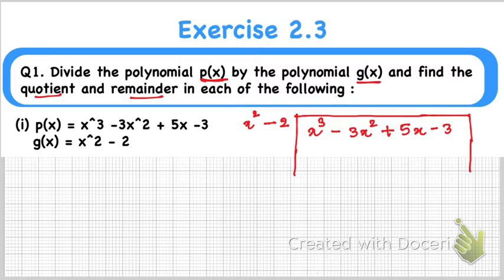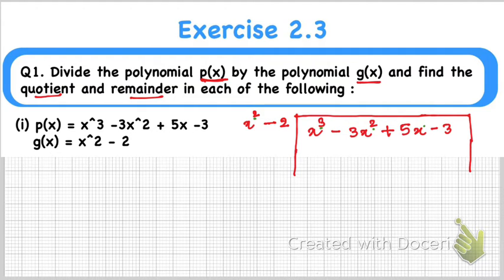Here it is already arranged: x to the power 2 is the greatest, and in p(x) we have 3, 2, 1, and in the last the constant term. Now as it is arranged, we don't need to arrange it anymore, so we will move forward to the division part.